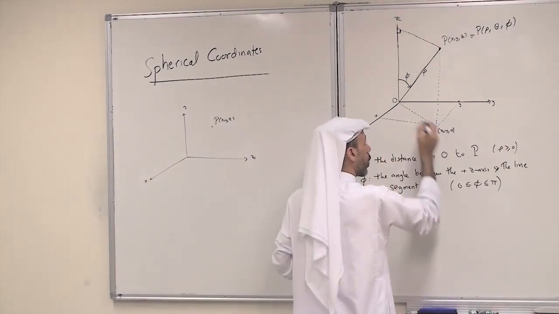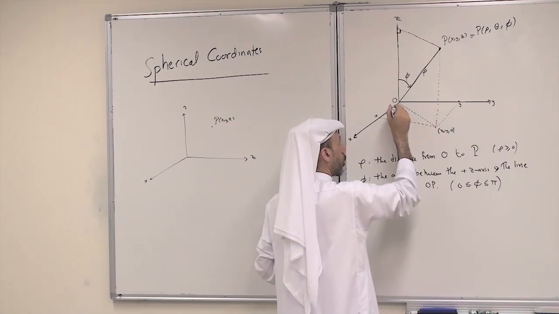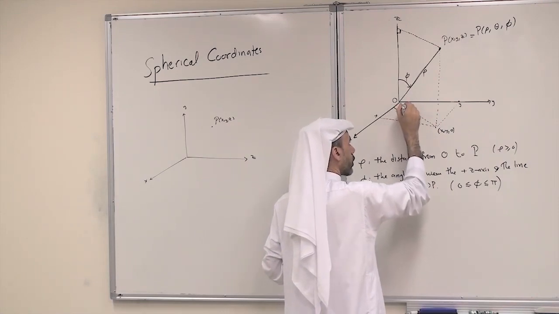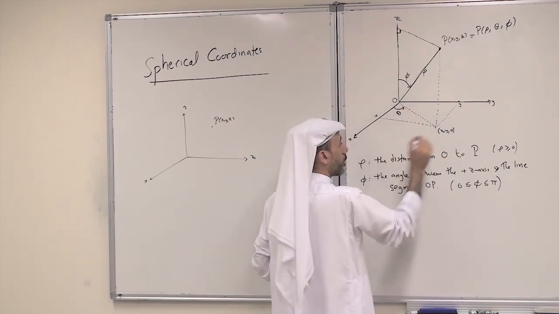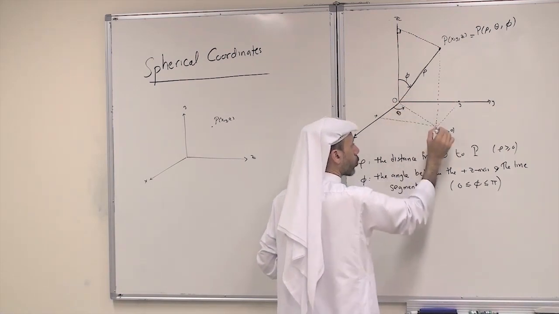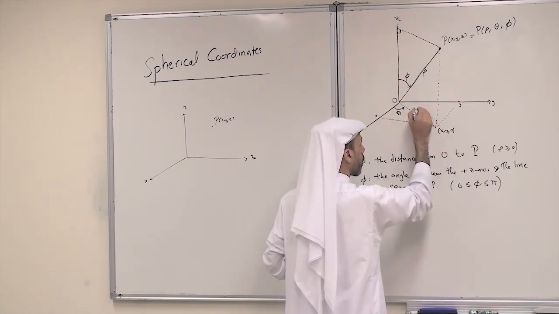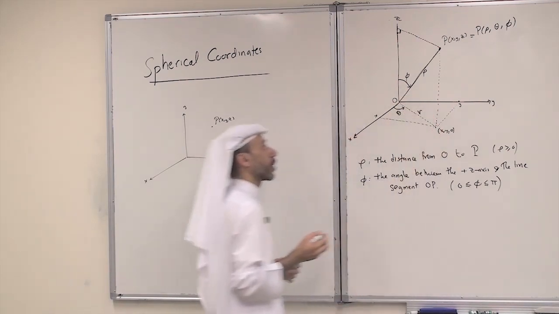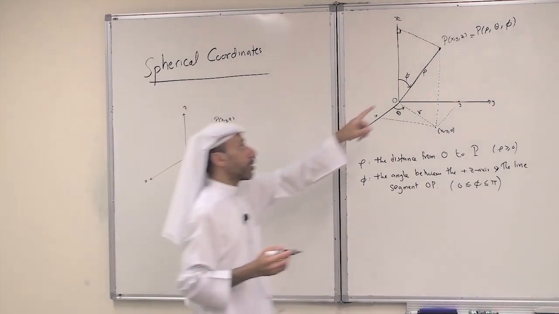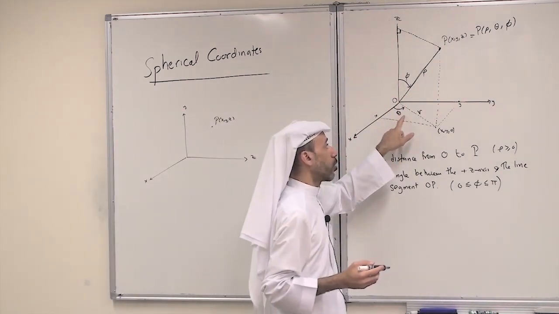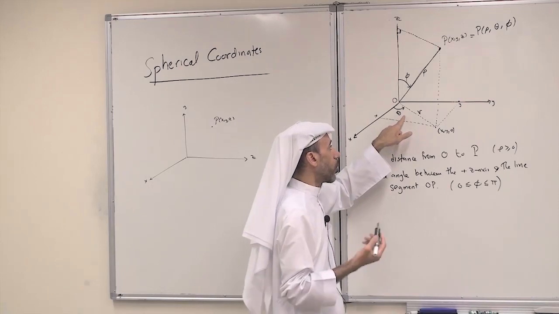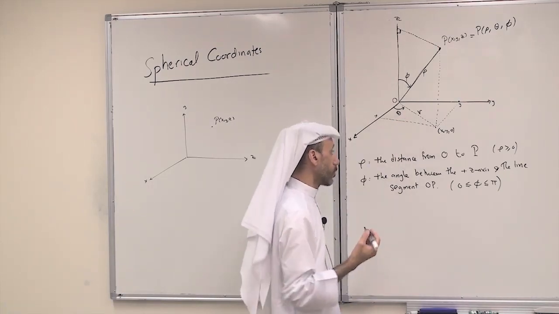Here you have theta, and r is the distance from O to the projection. So theta is the angle that comes from the polar coordinates.